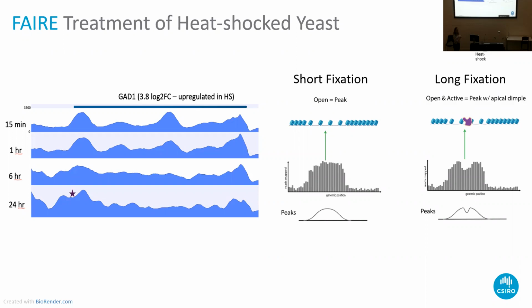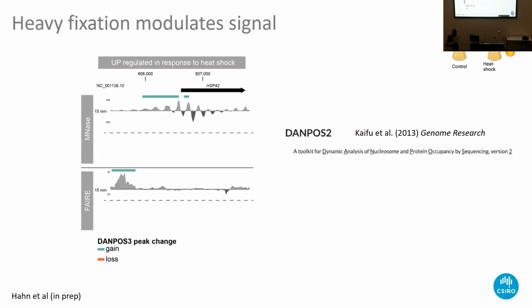So what we think we're seeing upstream of genes is enrichment of the overall open region, but then depletion where RNA polymerase is sitting. And we see this consistently across the genome, the signal of a peak with a little apical dimple on top.